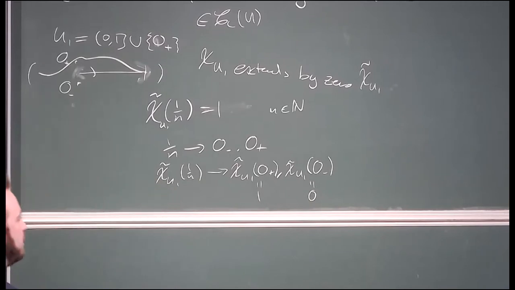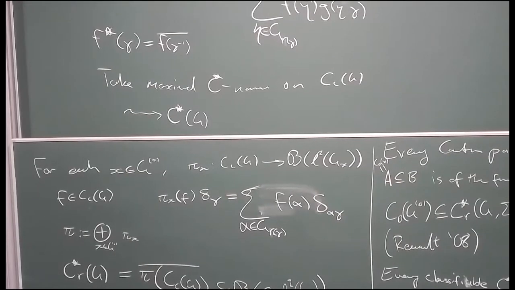So what do we do? How do we build a convolution algebra out of this? Well, we need a non-Hausdorff equivalent of these compactly supported functions on the groupoid.